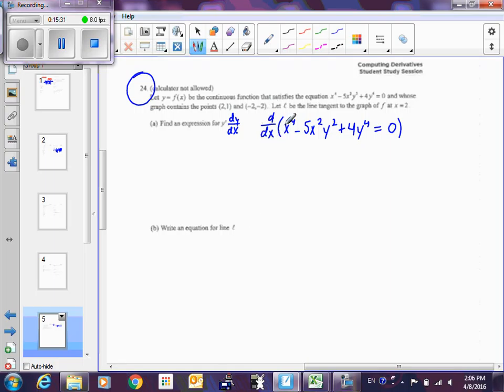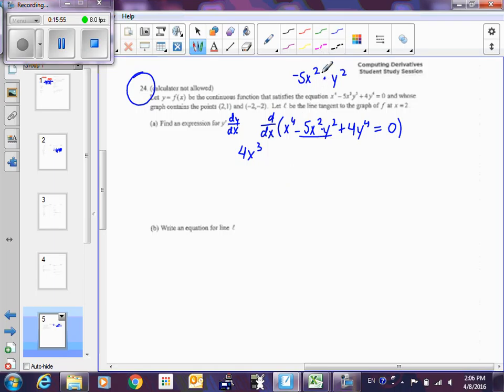Okay, so you just take derivative of each piece. So derivative of x to the fourth, 4x cubed. Plain and simple when it's just an x. Now when you got to take derivative of this part, there's like a times there, and you got to use product rule. Okay, I'm going to write this up here for your benefit. These are your two pieces. I'm kind of spacing them apart.